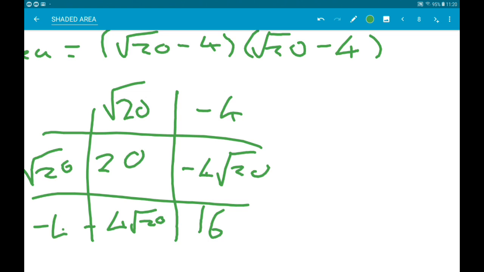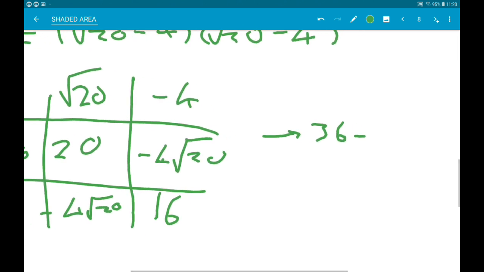So, altogether we have 36 minus 8 root 20. Okay, so we're almost there. What we now need to do is simplify 8 root 20.